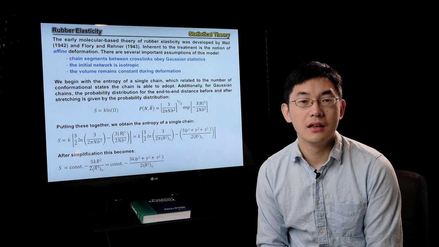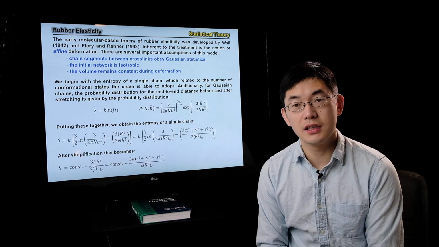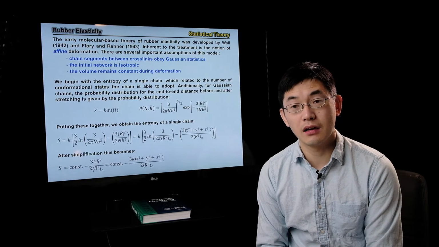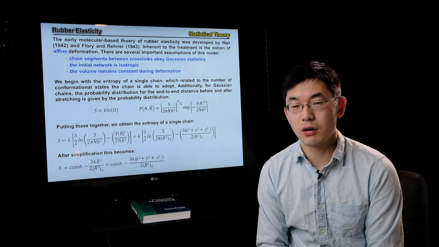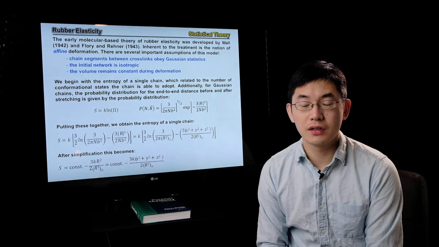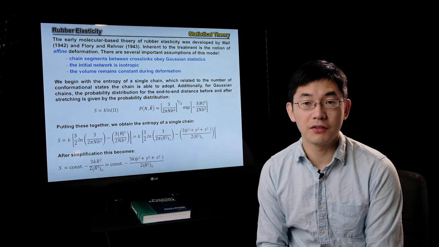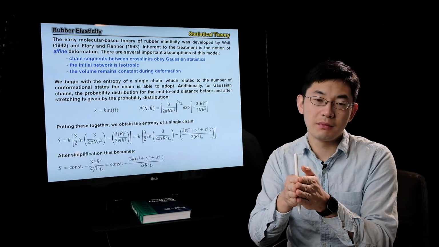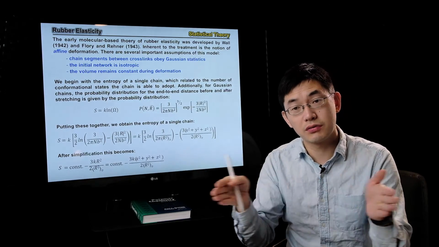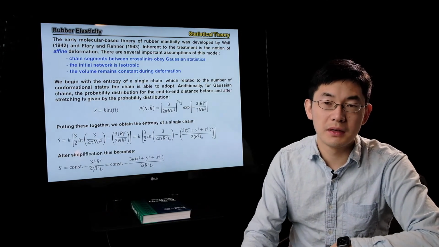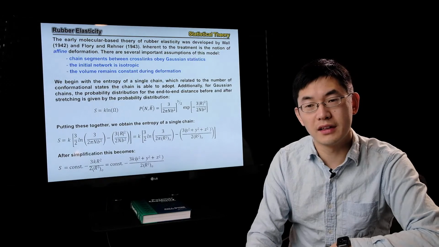There are a couple more assumptions related to how we can treat these crosslinks or these affine networks. The network initially needs to be isotropic. So when you make the rubber band, it cannot be non-isotropic. This assumption is related to how we can use a Gaussian coil. If it's non-isotropic, then we need to worry about the stretch direction versus the perpendicular direction, because you can no longer use the same treatment assuming it's a Gaussian coil.